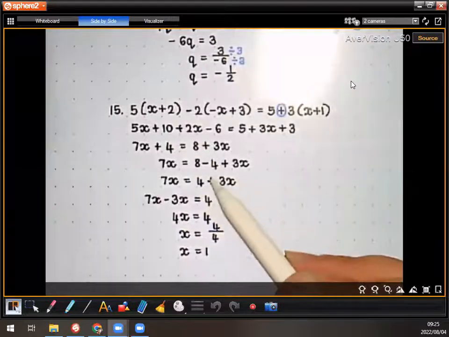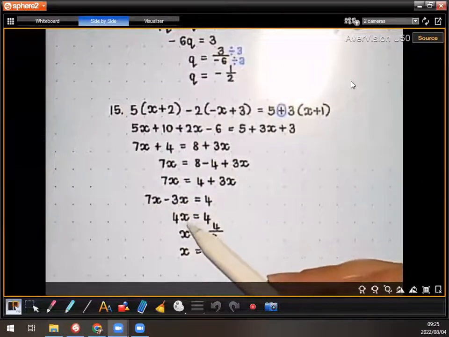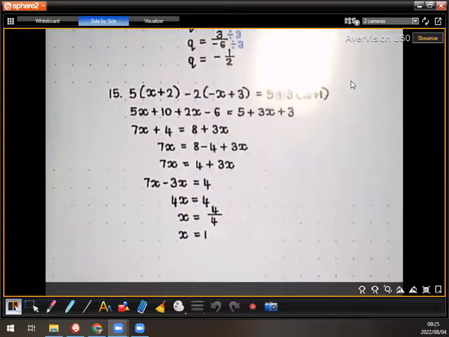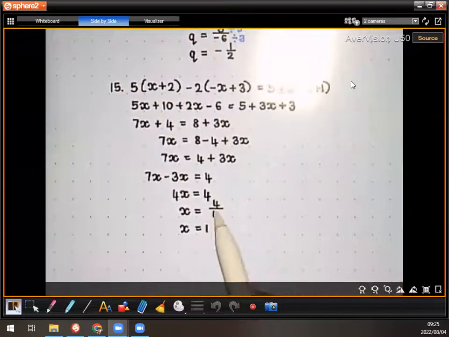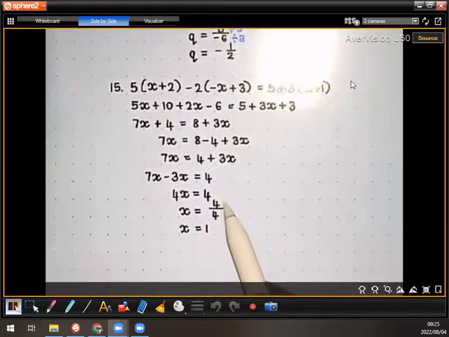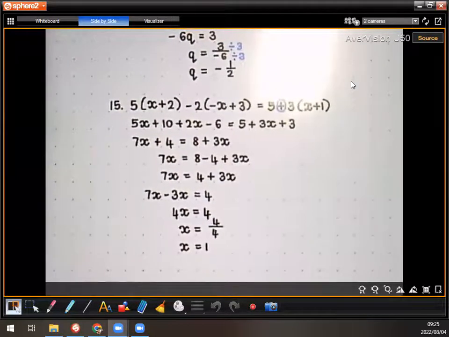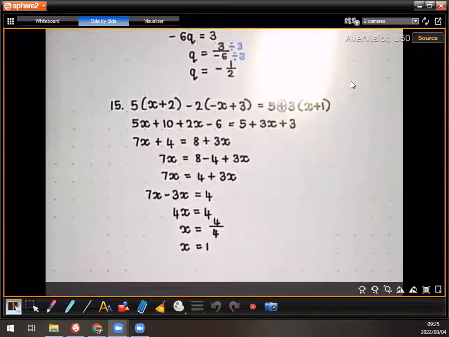Okay, what is the opposite of adding 3x? Subtracting 3x. So 7x minus 3x is 4x. And now what is the opposite of multiplying by 4? Dividing by 4. So 4 divided by 4 is 1. Does anyone get x equals 1 to this one?